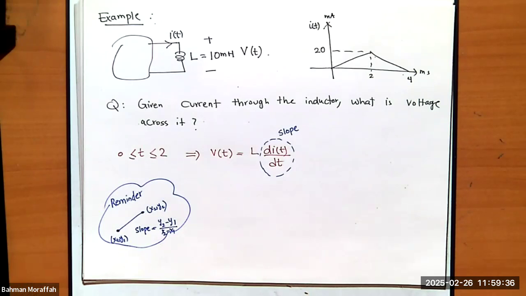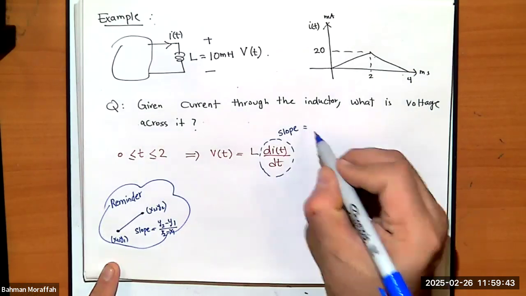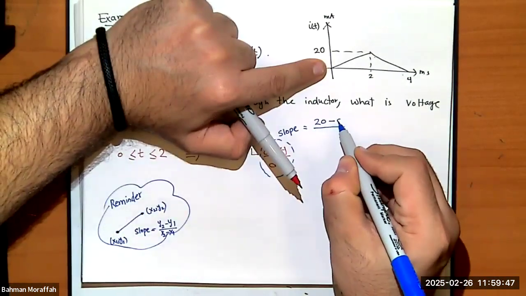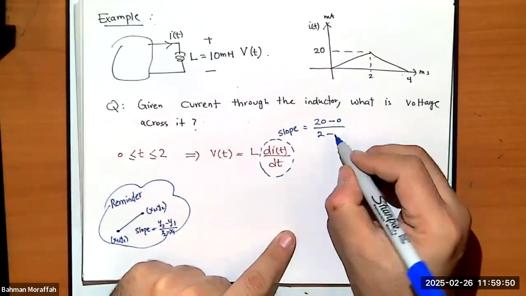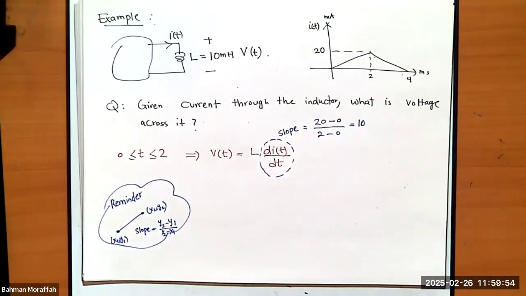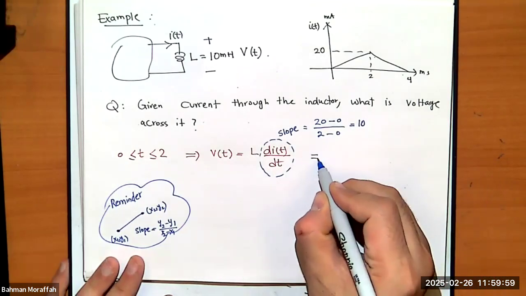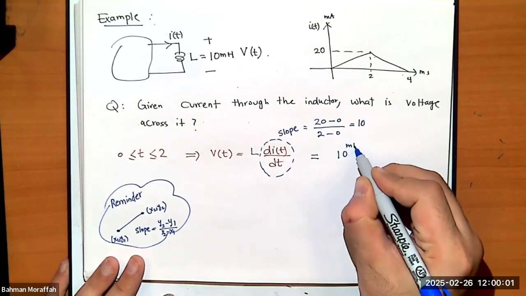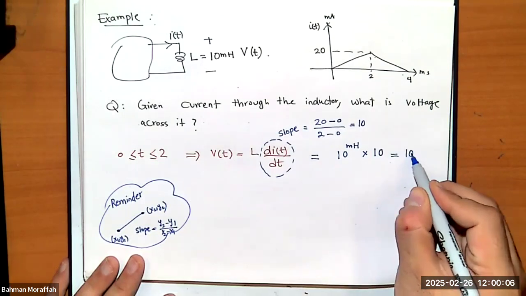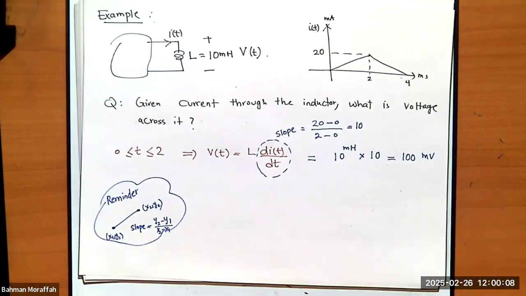Therefore, this slope is 20 minus 0 divided by 2 minus 0, which is 10. Therefore, this voltage is 10 millihenry times 10, which equals 100 millivolts.